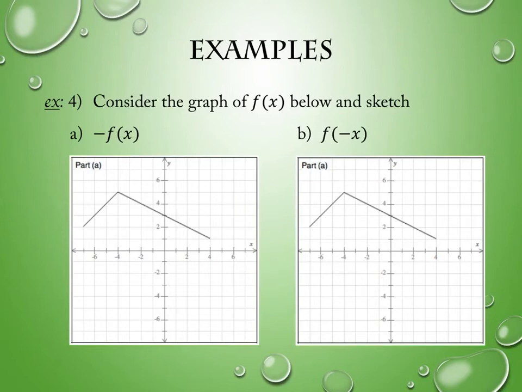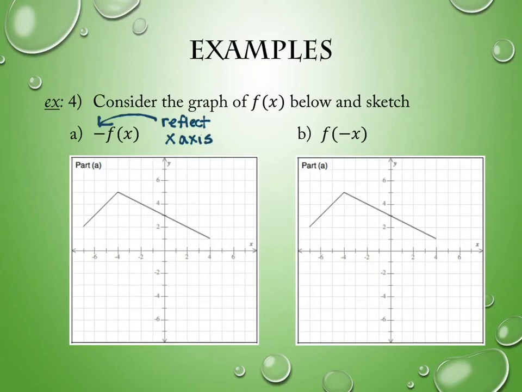So on this one, I see a negative drawn in front. How does that change my graph? I'll start it out for you. It's a reflection. That's what negatives do. How does it reflect? Will it reflect over x or y? What do you have, Michaela? Yeah. This reflects over the x-axis.